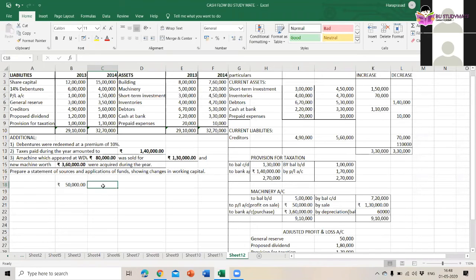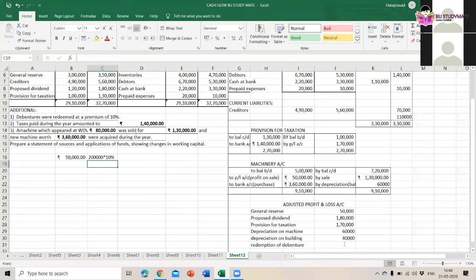Okay, 2 lakh rupees we have to provide for the debentures. And on the 2 lakh rupees, we have to give the premium amount at 10%. 2 lakh into 10%, how much? 20,000 rupees. Okay.